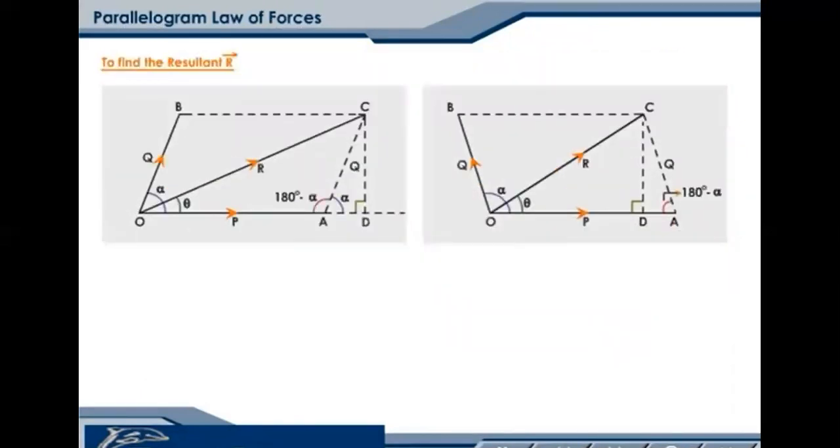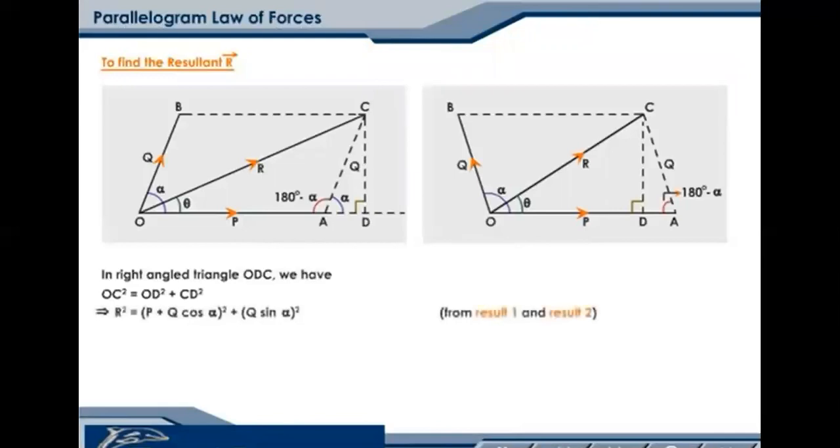To find the magnitude of the resultant R, applying the Pythagoras theorem to right angle triangle ODC, we get OC square equal to OD square plus CD square.